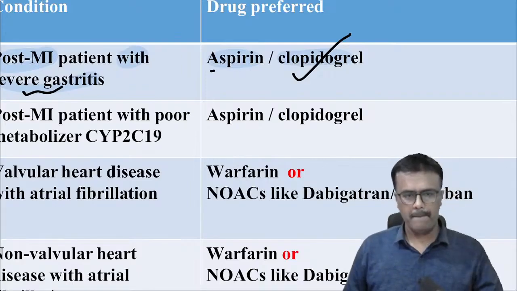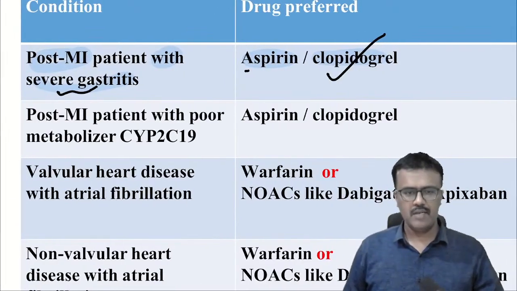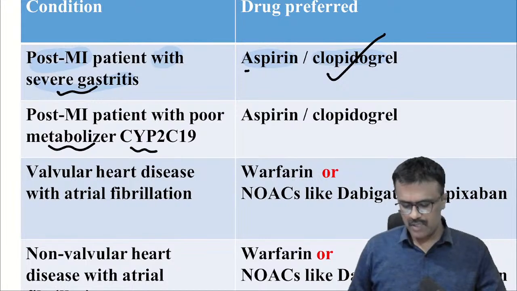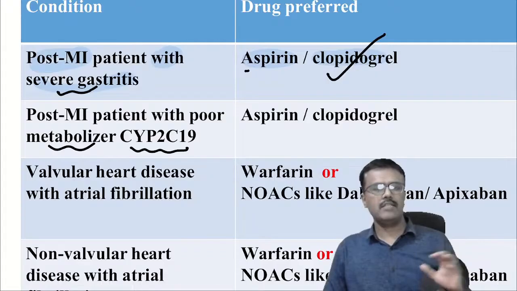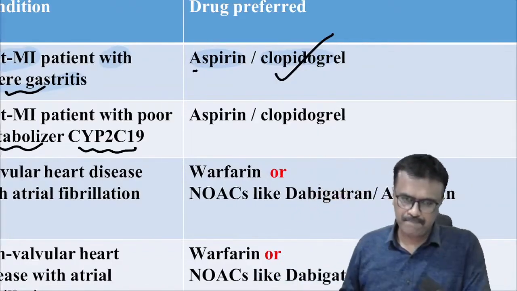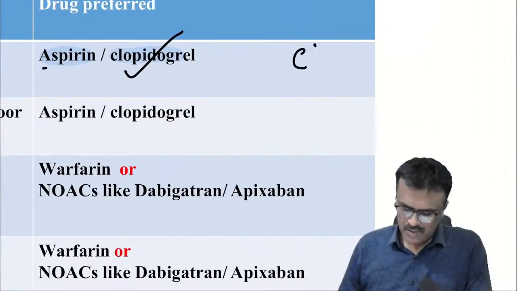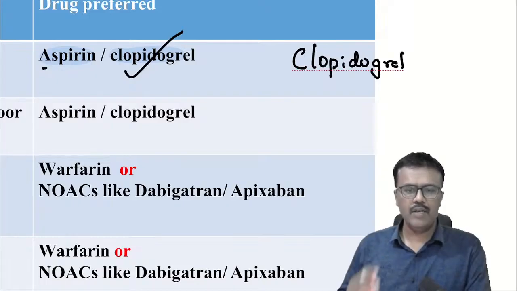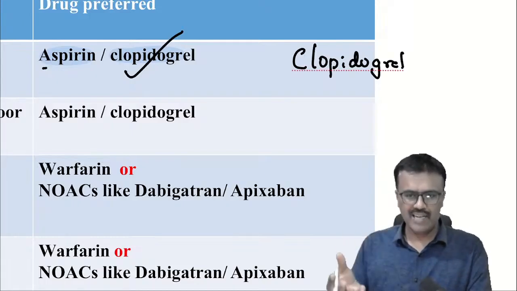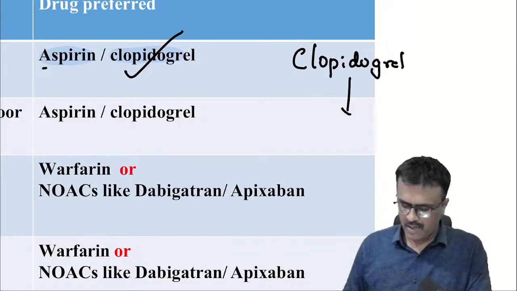Choose one. Post MI patient, he is a poor metabolizer of cytochrome 2C19. So in that patient, will you prefer aspirin or clopidogrel? Why? So please understand the concept. Clopidogrel is a prodrug. You know, prodrug means it requires activation. So this will become active.